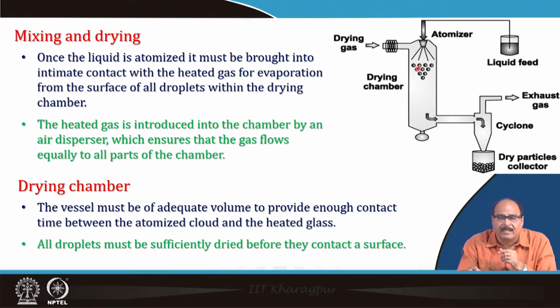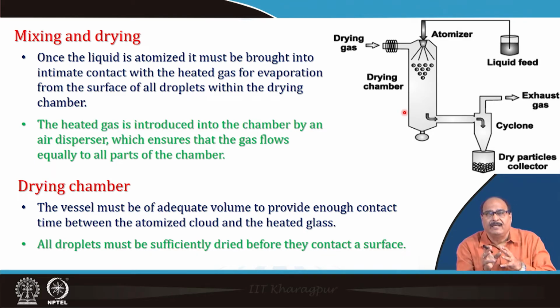You can see it is the drying gas, which ensures that the gas flow reaches all parts of the drying chamber, so that the drying chamber must be of adequate volume to provide enough contact time between the atomized cloud and the heated gas.